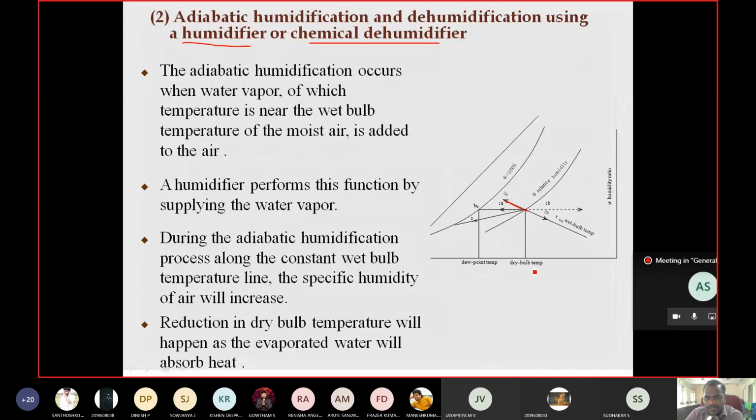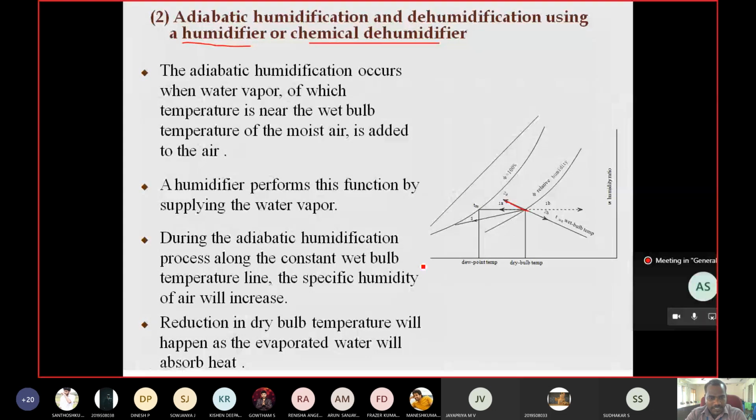This one will be wet bulb temperature, right? So if you refer to the psychrometric chart, the wet bulb temperature line will be like this. We should maintain the constant wet bulb temperature during this adiabatic humidification.